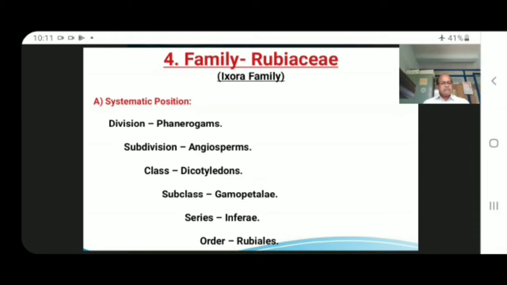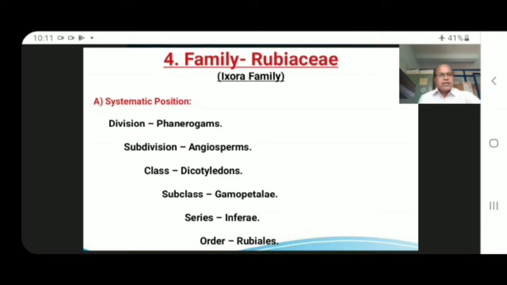Leaves are simple, entire, stipulate, opposite, decussate, inter or intrapetiolar stipules present, surface shiny. Then inflorescence is solitary, example Coffea, Gardenia, monochasial cyme, example Hamelia, panicle cyme, example Rubia.